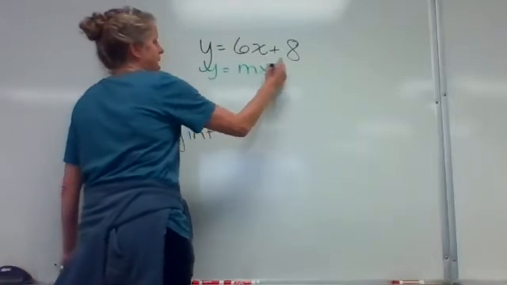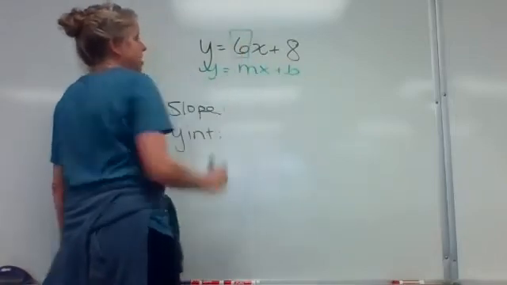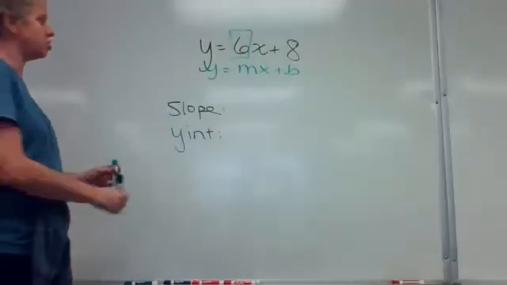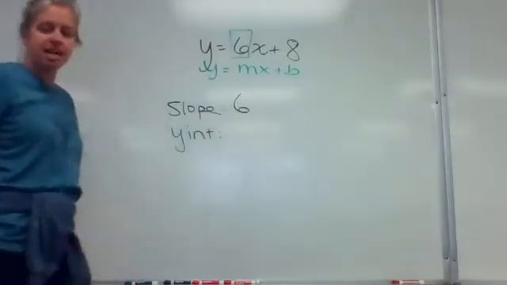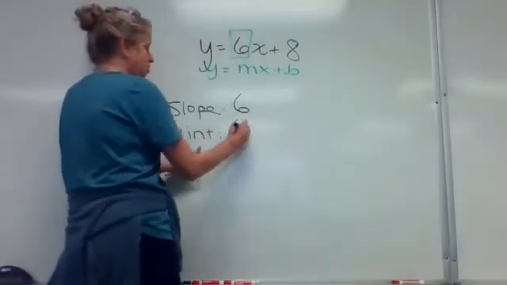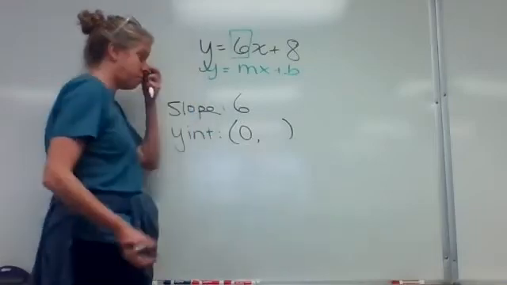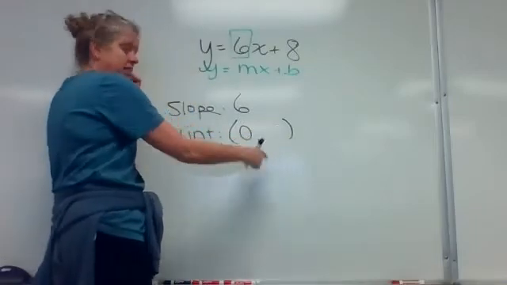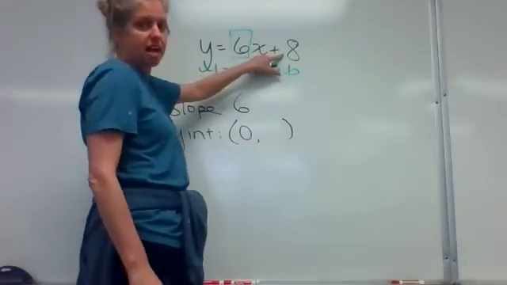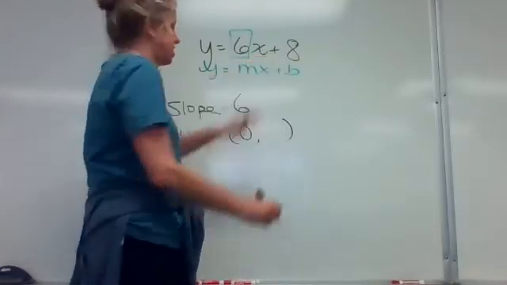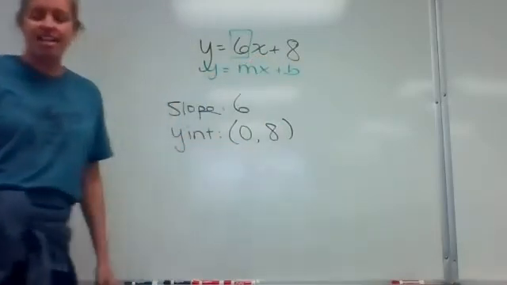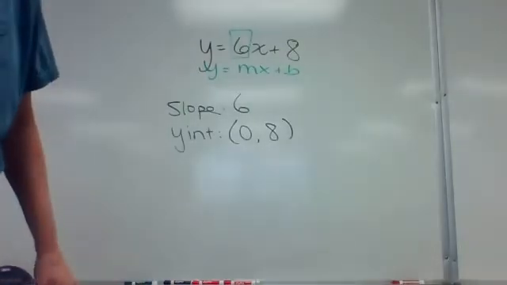Y equals mx plus b. The number hooked onto the x is your slope. So your slope is 6. And then next to the y-intercept, it has an ordered pair with a missing y. That's your y-intercept, the number in the B position. So 0, 8 is your y-intercept.